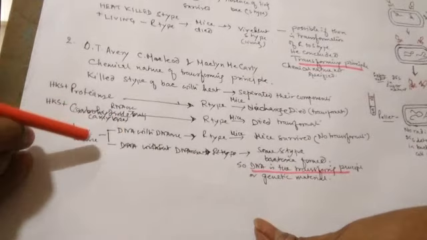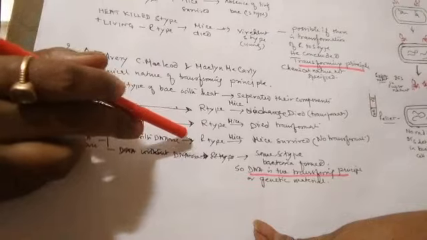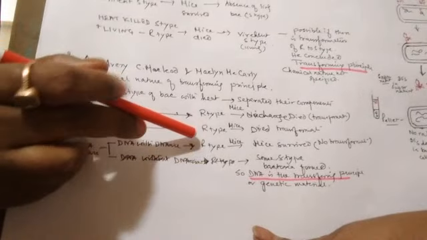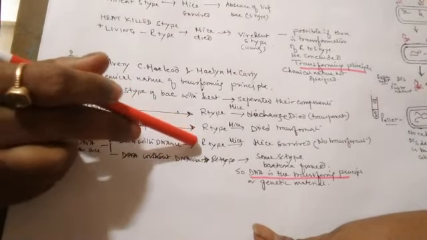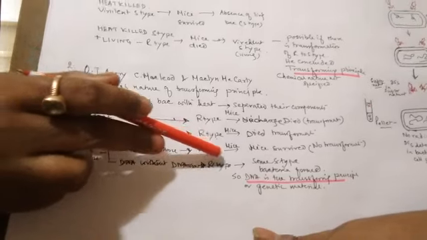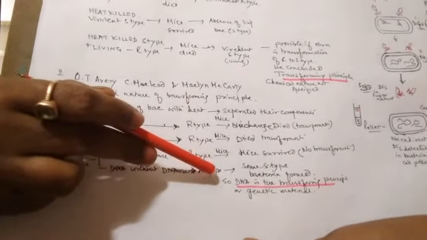When they broke down all the DNA in the heat-killed smooth and injected it along with the R, the mice survived because there was no transformation of the R to smooth. So the biochemical nature of the transforming principle is DNA.